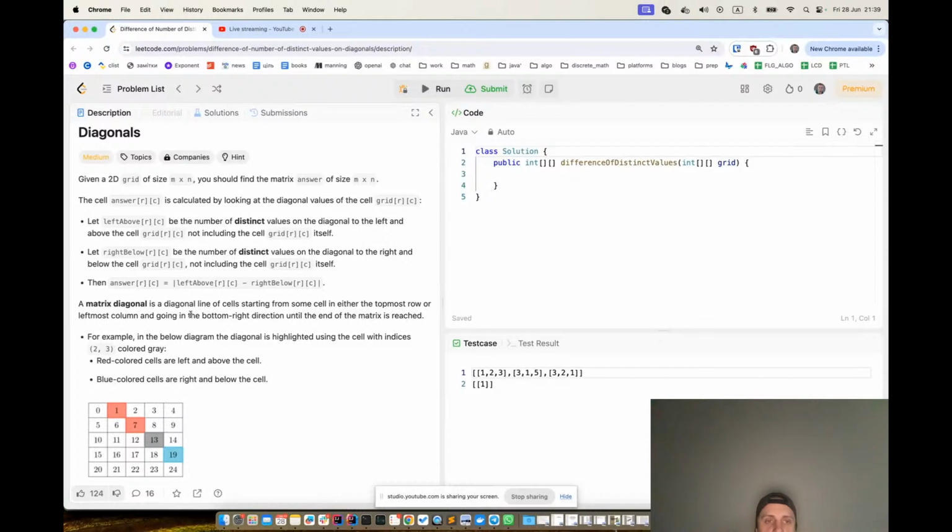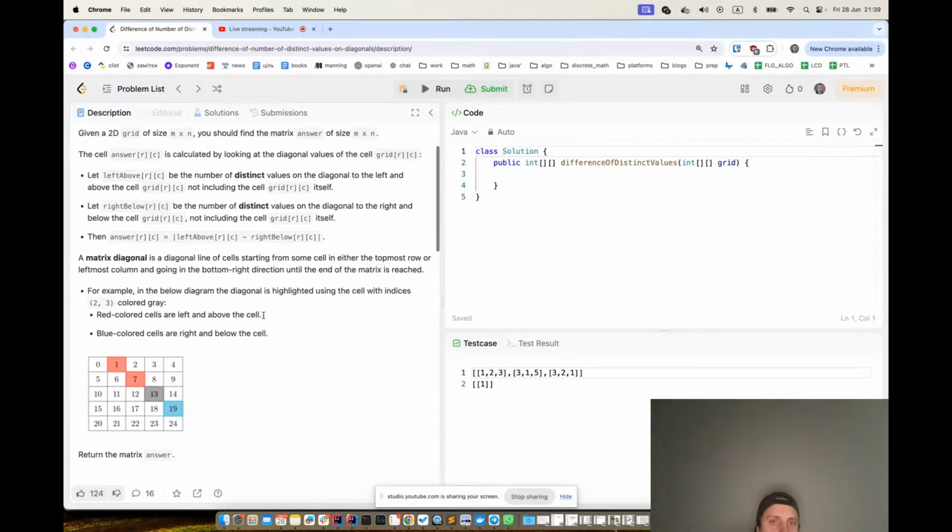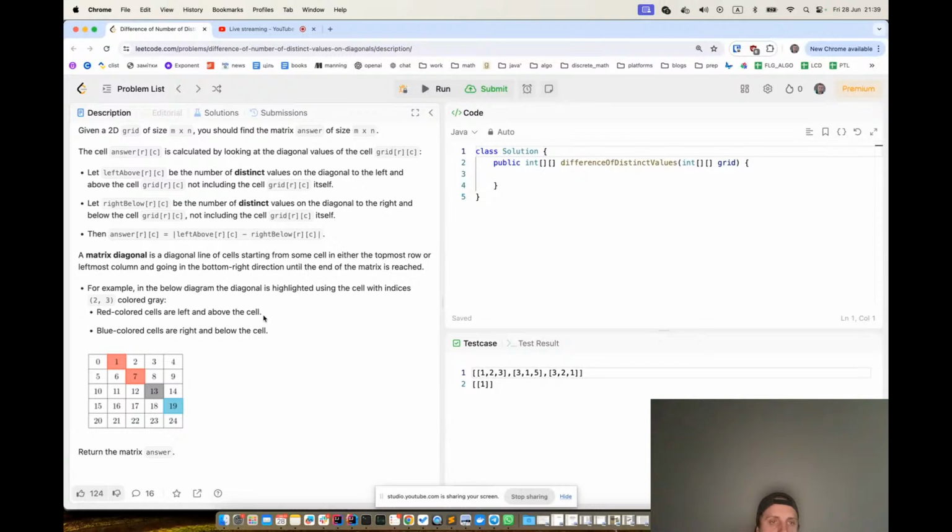A matrix diagonal is a diagonal line of cells starting from some cell in either the topmost row or leftmost column and going to the bottom right direction until the end of the matrix is reached.